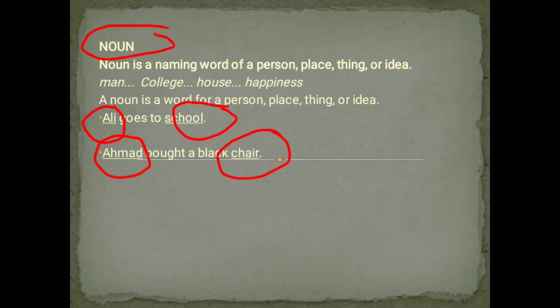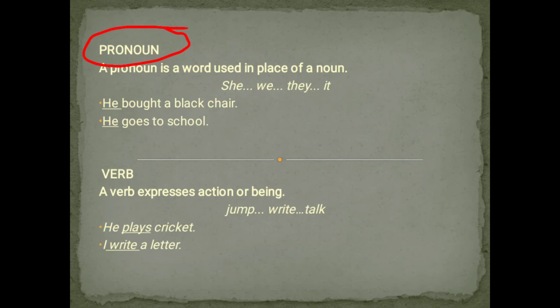Here Ali is a noun, and here he is used instead of a noun, so we call it a pronoun. In the next sentence, he goes to school, the word he is also a pronoun.